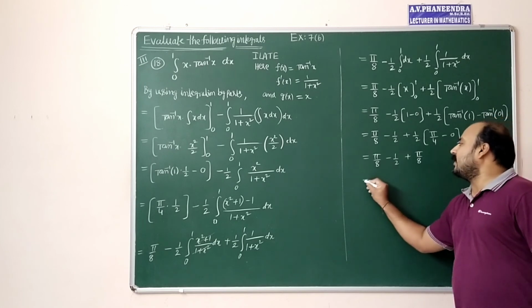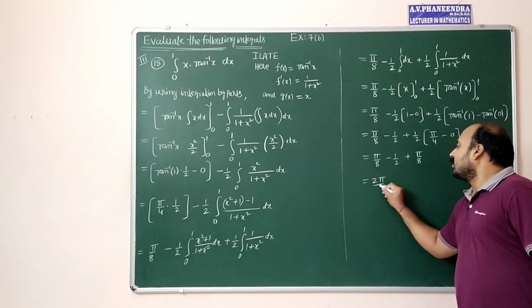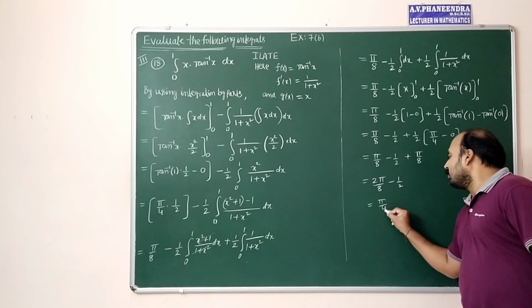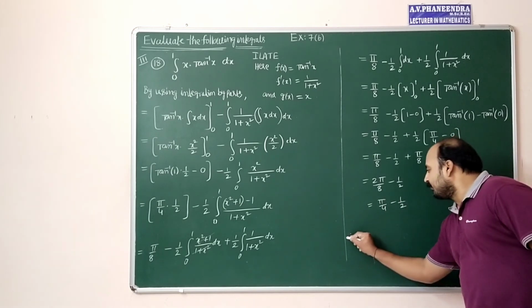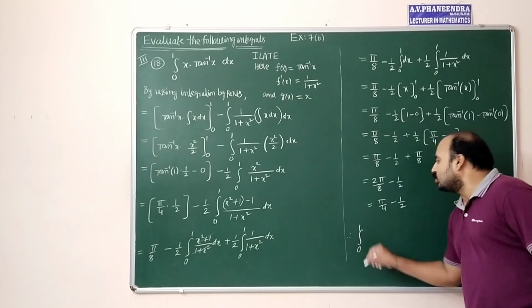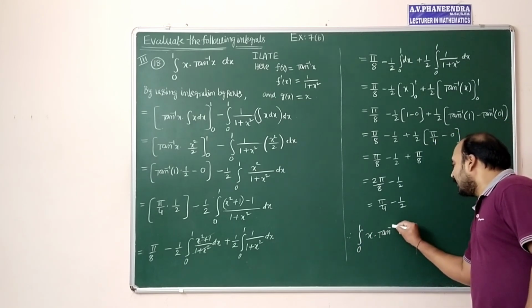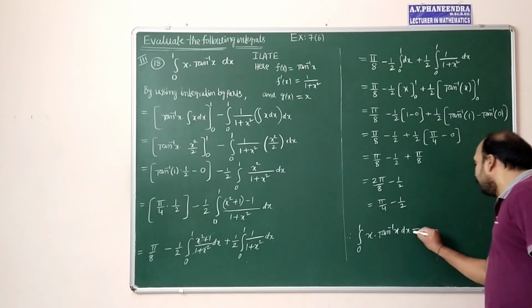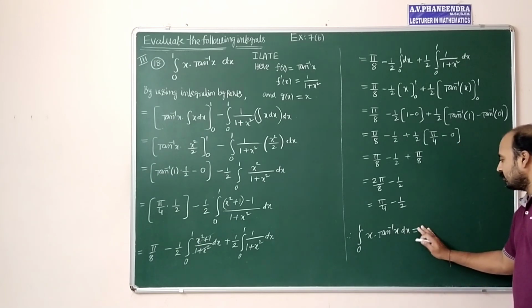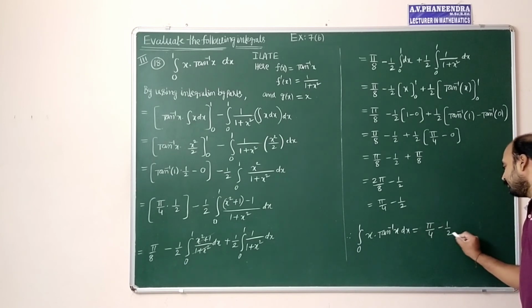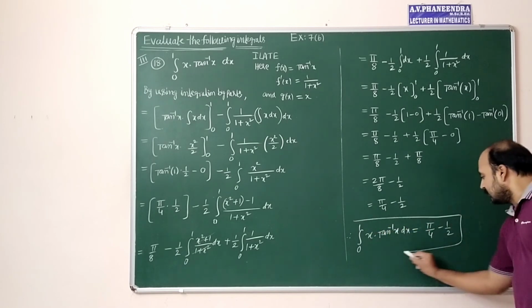Pi by 8 plus pi by 8, 2 pi by 8 minus 1 by 2, which is equal to pi by 4 minus 1 by 2. Therefore, the given integral 0 to 1 x tan inverse x dx is equal to pi by 4 minus 1 by 2. Hence the result.